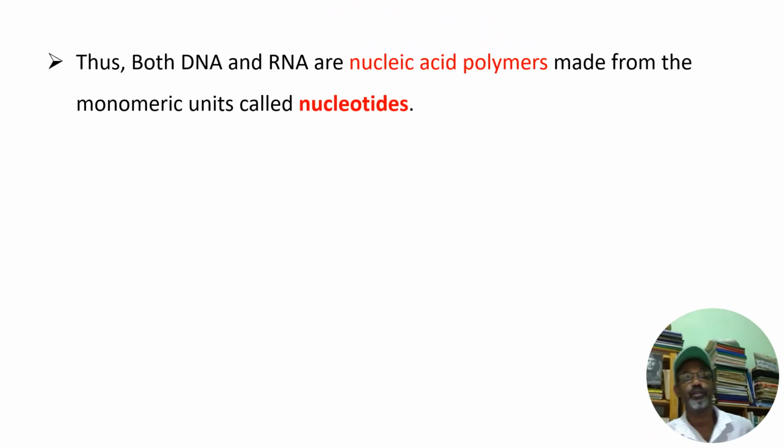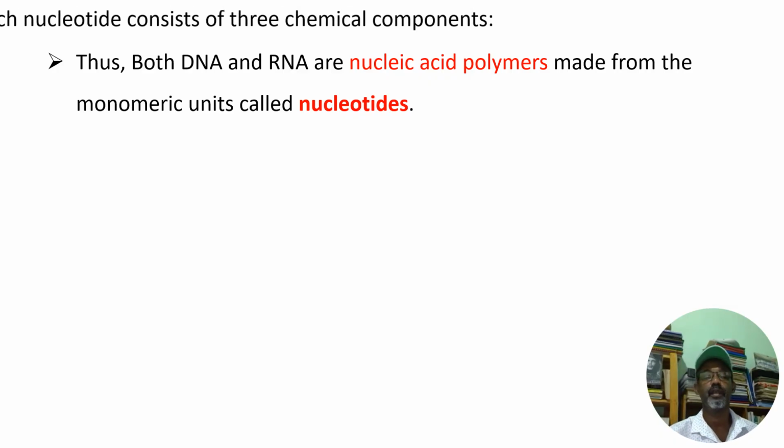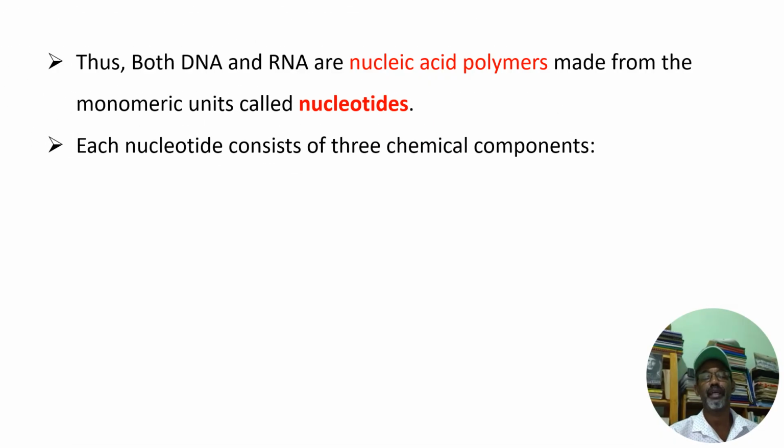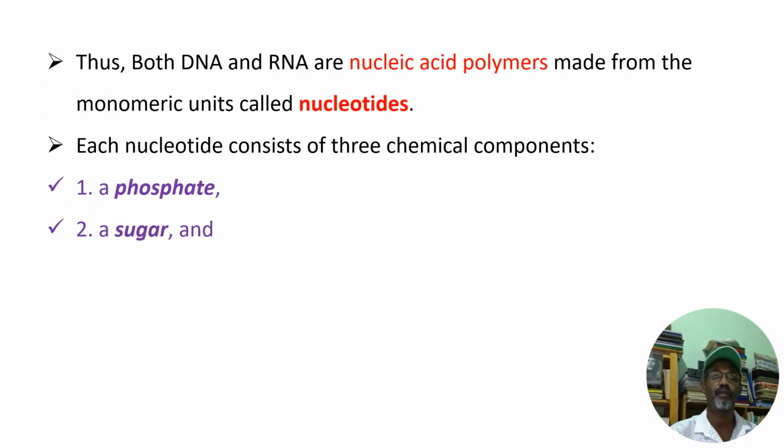Thus, both DNA and RNA are nucleic acid polymers made from the monomeric units called nucleotides, and each nucleotide consists of 3 chemical components. We shall see this one. One is a phosphate, the other a sugar, and the third a nitrogen base. These are the 3 components of the smallest units that make nucleic acids, RNA and DNA.